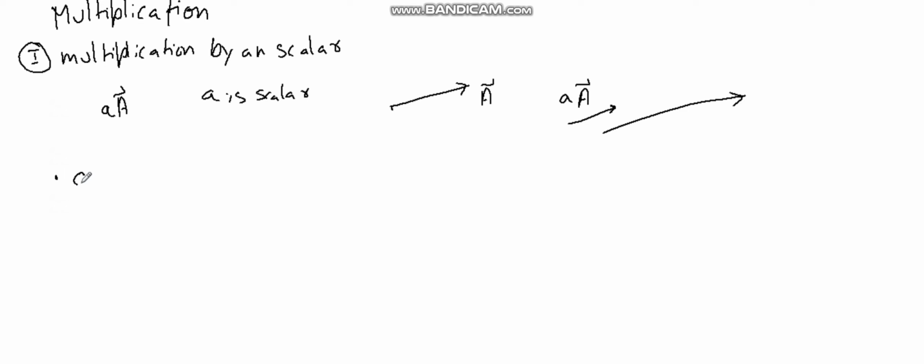If we take a scalar a and multiply it with the summation of A and B, this will give the same result as multiplying the scalar a to the vector A and adding it with the scaling of vector B by the scalar a. So either we do this or this, the result will be the same. We can also prove this geometrically, and this is the distributive law.